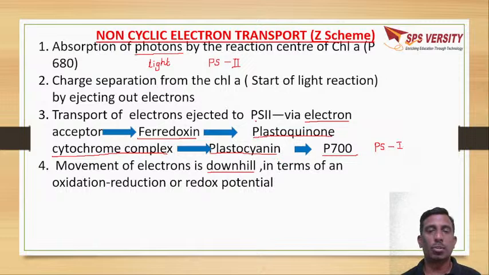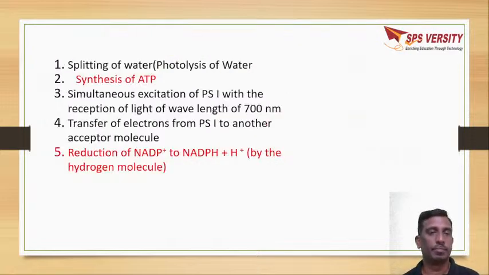Whenever electrons are ejected out from PS2, में दो electrons deficiency रहता है. Electron deficiency कैसे बैलेंस करता है इधर?